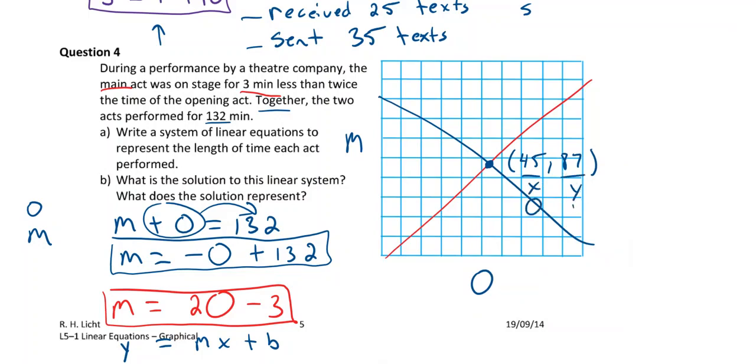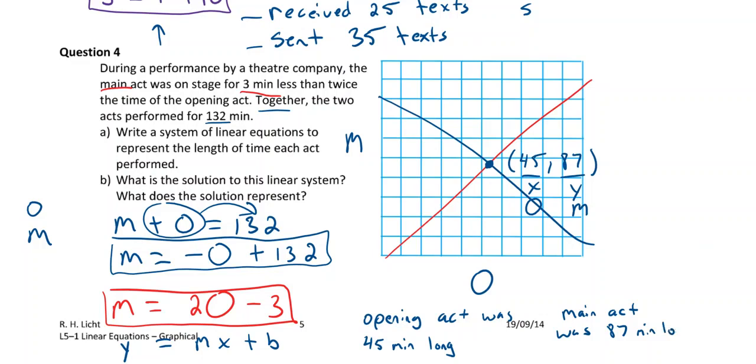This is our O and this is our M. Okay, so our opening act was 45 minutes long, and the main act was 87 minutes long. Okay, and that's it.